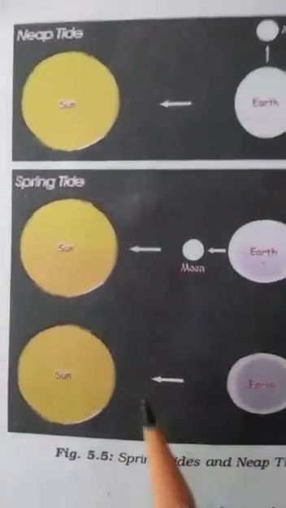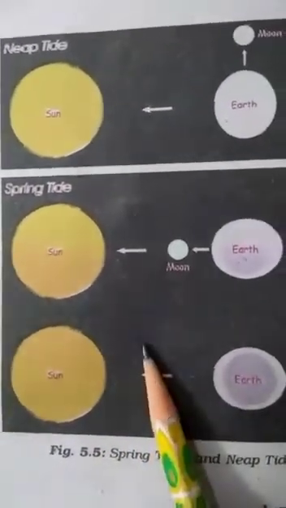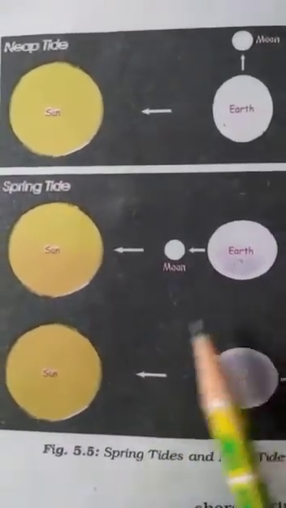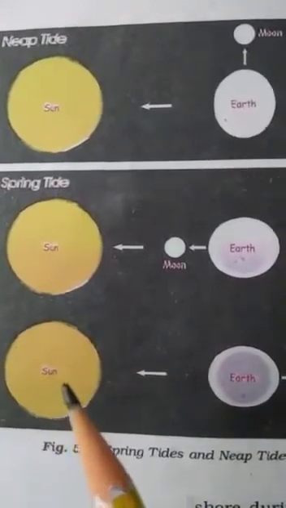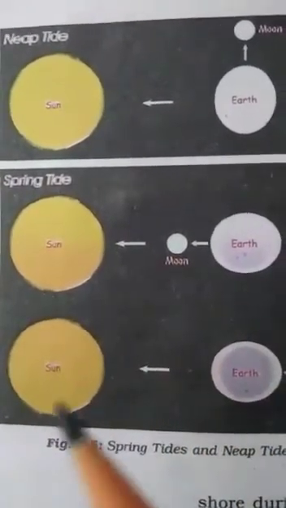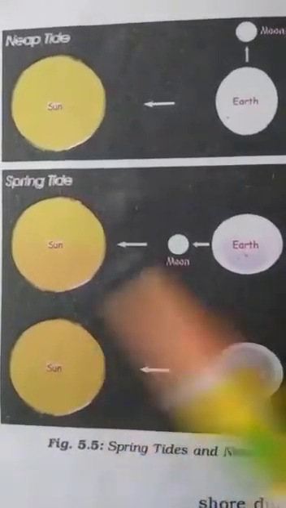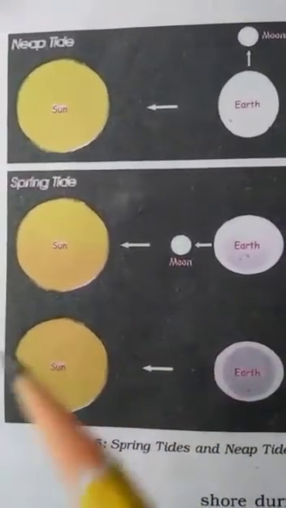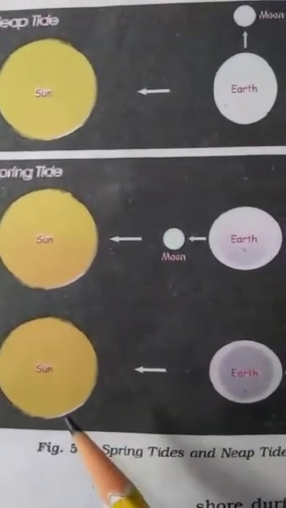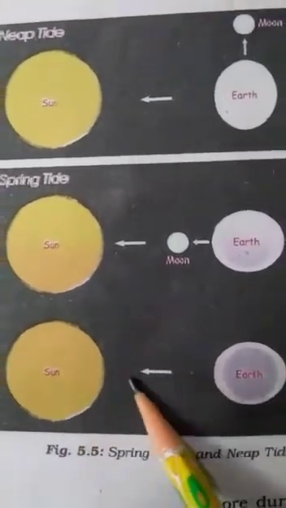Okay. Spring tides or high tides also help the ships to arrive at the harbor more easily because during the high tide the water level rises closer to the shore, and that helps the ships to arrive easily at the harbor.